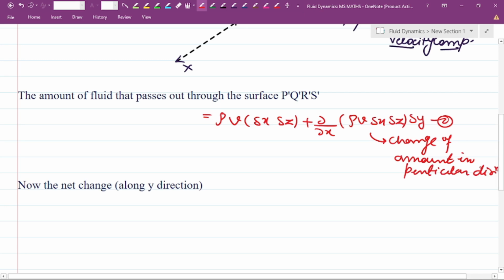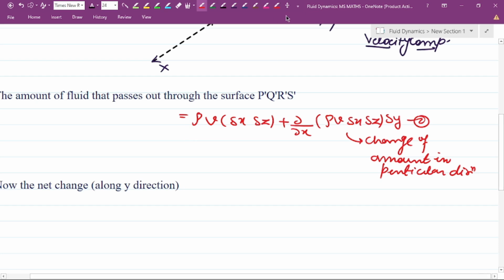So now the net change in the direction of x, and now we'll find it along the y axis.